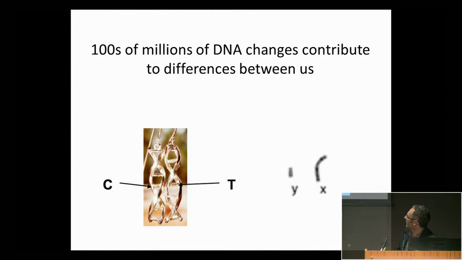If you examine the entire world's population, you will find hundreds of millions of specific genetic variants, some of which contribute to the differences between us. The genome is 3,500 million base pairs. And here's an example of base pairs: a cytosine to a thymine at a particular point in the DNA helix.